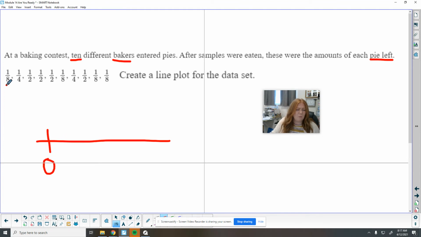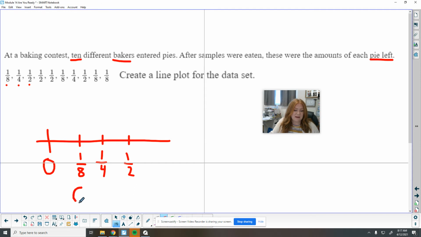I can see I have a 1/8, a 1/4, a 1/2. We already have that, same. So we have 3 different data points here, and we need to put the smallest one first. So 1/8 is smallest, and then we have a 1/4, and then we have a 1/2.